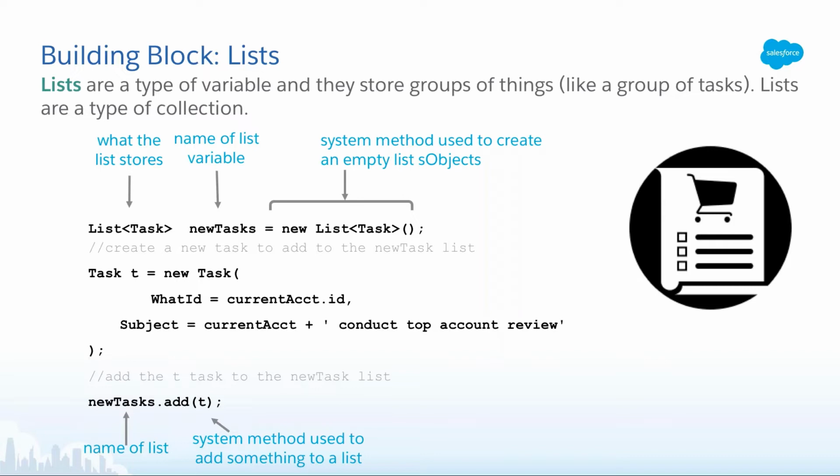Lists also come with a series of built-in methods like delete, size, clear, and add. So since we don't have anything in our newTasks list that we created at the beginning of our code, we want to be able to add the tasks that we just created to our list. To do this, we use the add method at the bottom of the screen that says newTasks.add, and then we put in the name of our new task that we just created inside the parentheses, which is T.